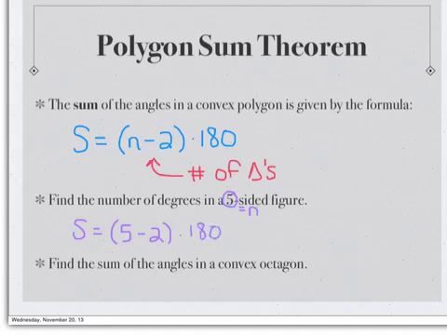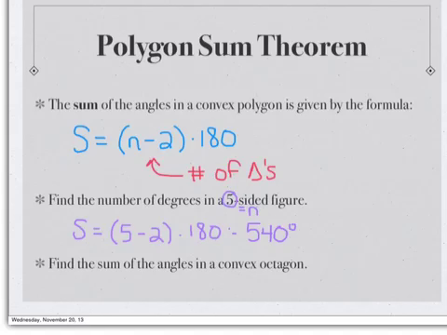Now, if you're going to type this into a calculator, make sure that you put that 5 minus 2 in parentheses, or better yet, just use your brain. 5 minus 2 is 3, so then type in 3 times 180. 3 times 180, let's say that's going to be 300, and 240, so that's going to be 540 degrees. Oh, I just did that as my example. So that means any 5-sided figure will always have 540 degrees total. Just like with triangles, we can say that any triangle has 180 degrees total.